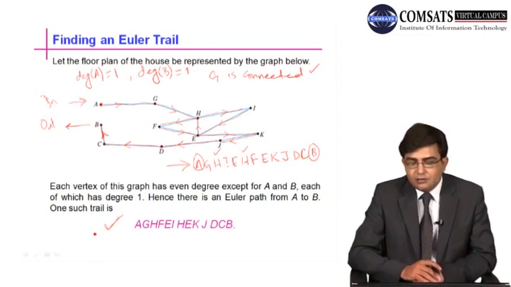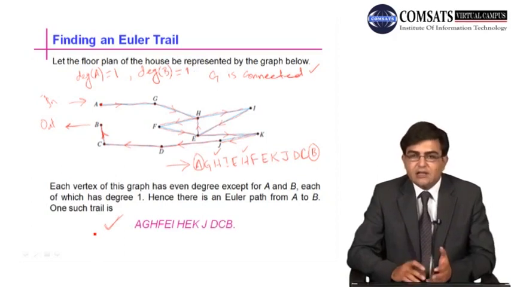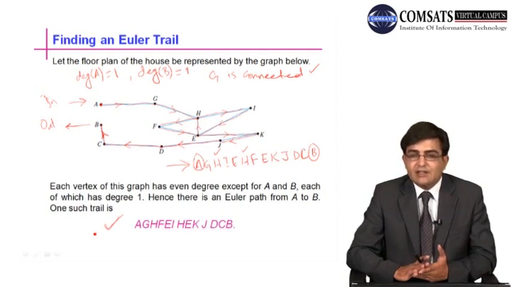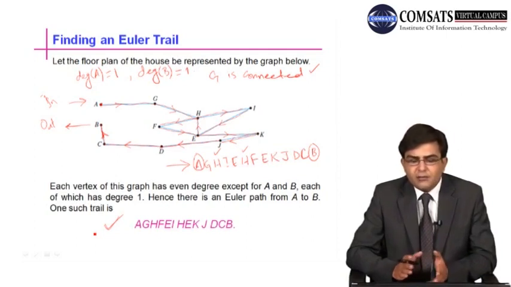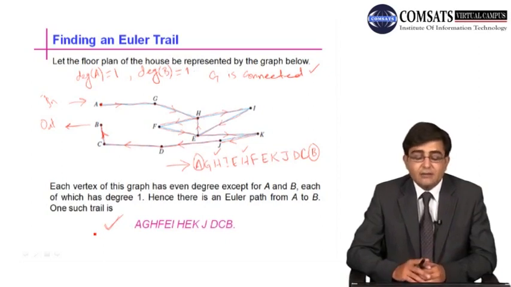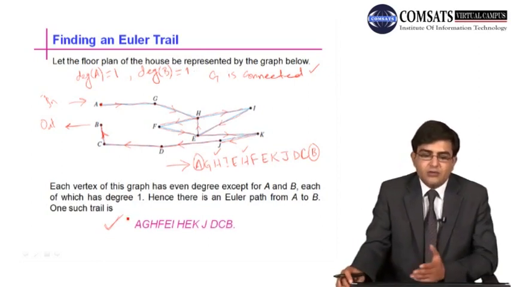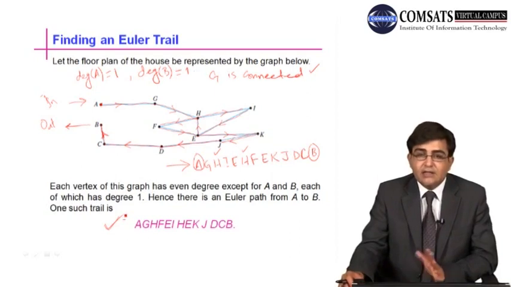So you can change the path, but it should satisfy all the conditions: first and last vertex must have odd degree, all other vertices must have even degree, every vertex must be used at least once, every edge must be used exactly once. So you can construct many other different Euler paths here in this graph, which are also correct paths. So this is how we can construct an Euler path and Euler circuits.